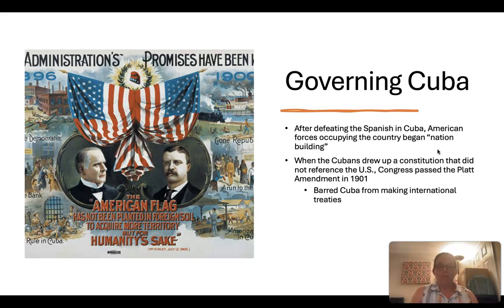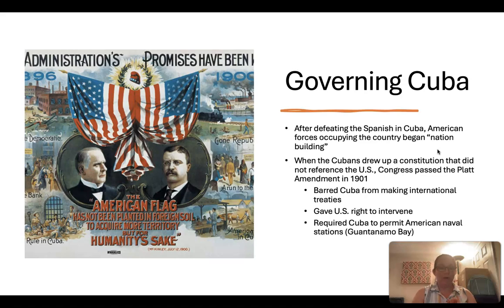The Platt Amendment barred Cuba from making international treaties, which basically gives the United States control over Cuban foreign policy. It gives the United States the right to intervene in Cuba to preserve Cuba's independence, life, and property. And it requires Cuba to allow the United States to have naval stations. This is when we get the station at Guantanamo Bay.